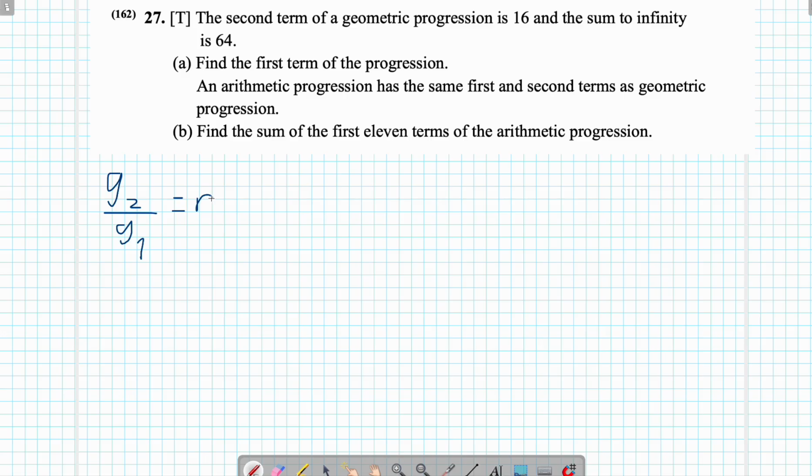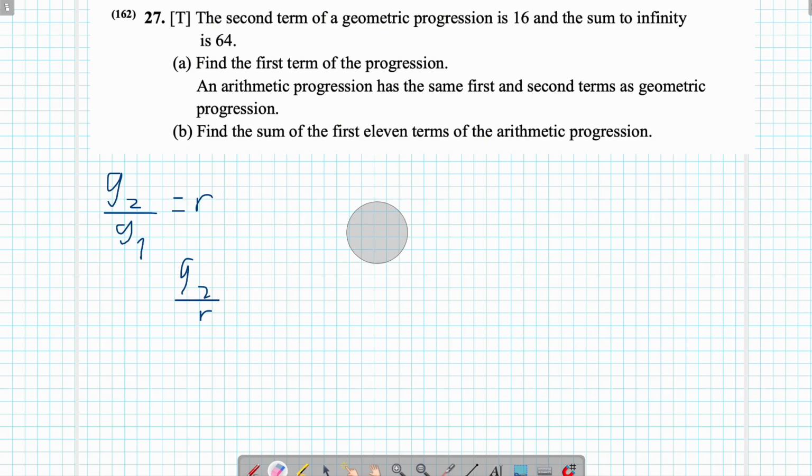But here we have the sum to infinity, which is G1 over 1 minus r. We need to write this in terms of G2. So that would be G2 over r.